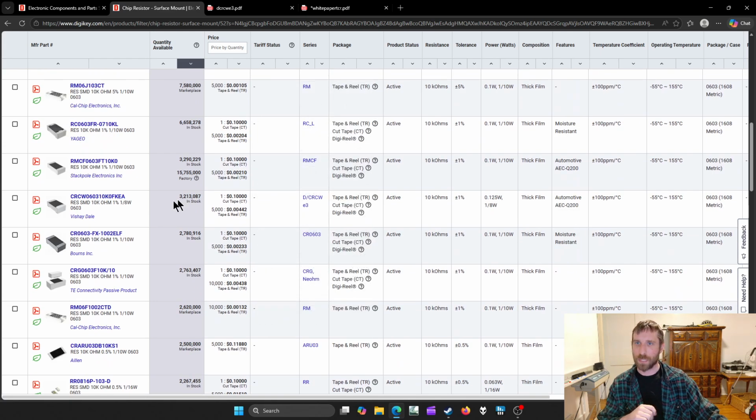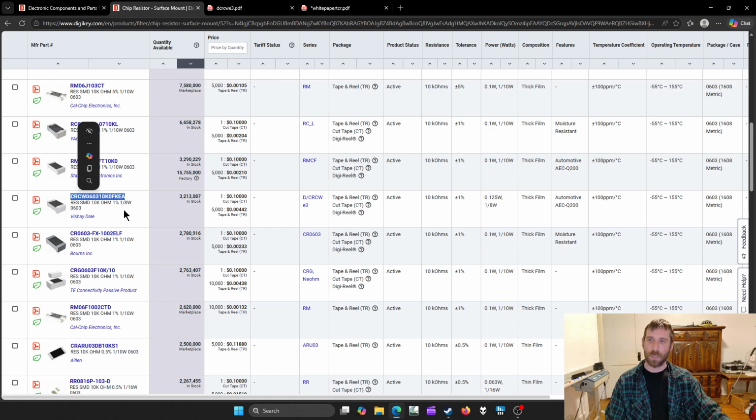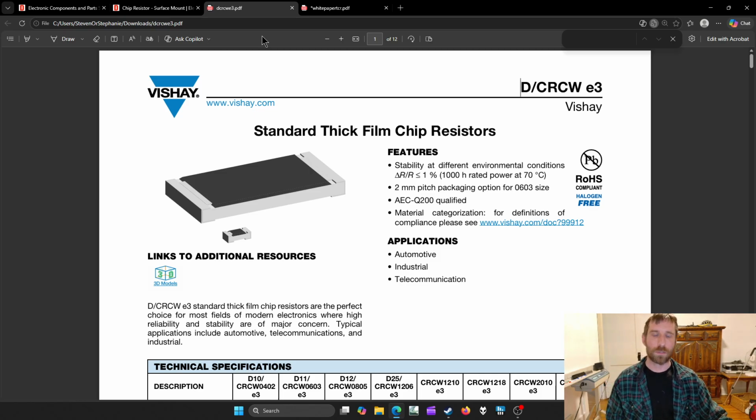So what we're going to look into is an actual data sheet of this guy right here. The resistor itself is nothing special, but these guys, Vishay, they have better data sheets. That's the only reason why I'm choosing them. If we go here, we see right off the bat my favorite word, standard. I don't want to pick some weirdo esoteric thing.